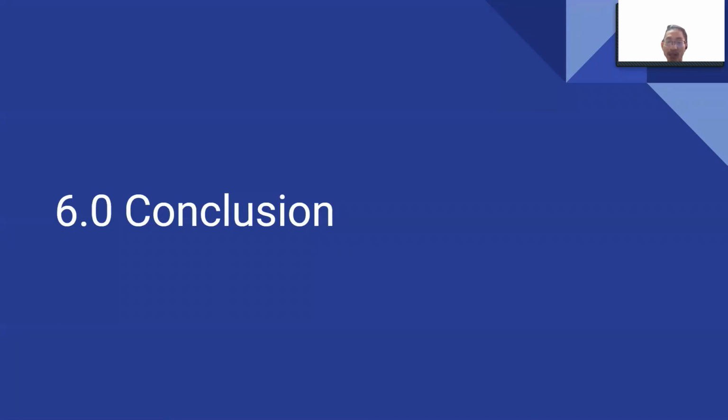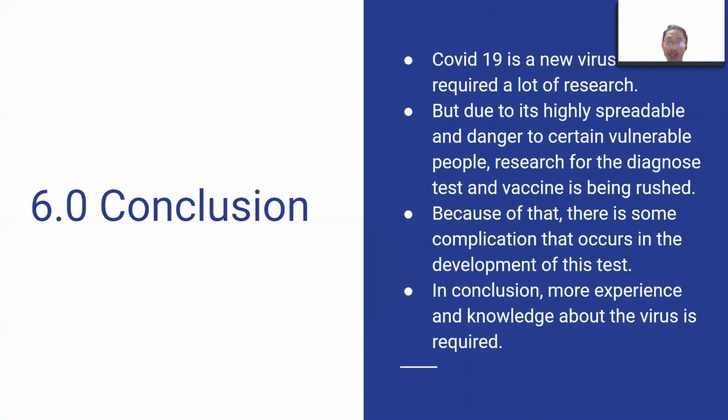So lastly is the conclusion. For the conclusion on the diagnostic tests for COVID-19, COVID-19 is a new virus and it requires a lot of research before we can really cope with it.